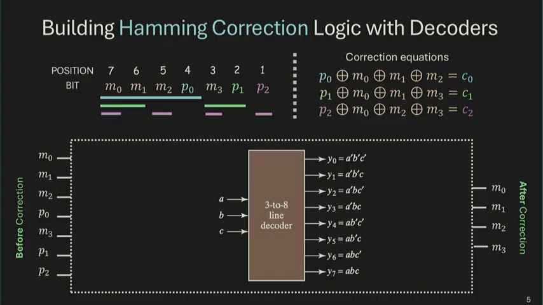Again, 7-bit input, do some processing to calculate the correction bits, and use the correction bits to find out one index to make a correction. Right? That's what we need for error correction. Yeah, any ideas? Anyone?